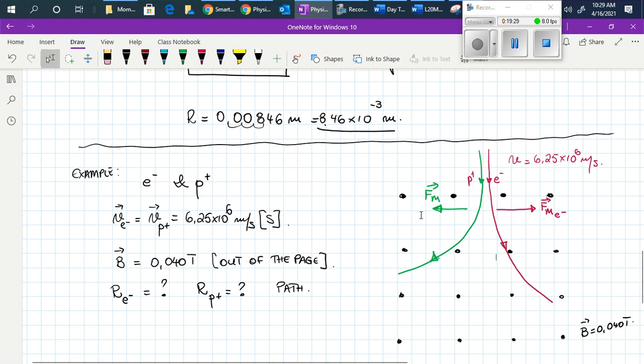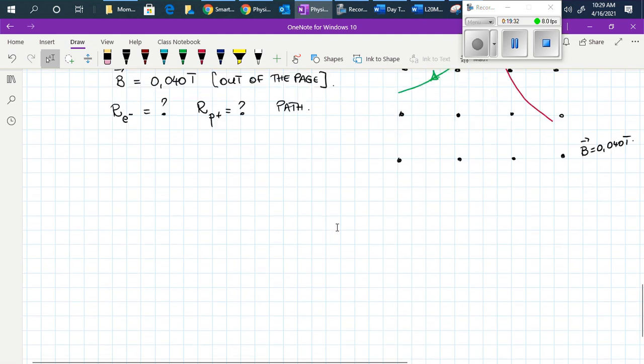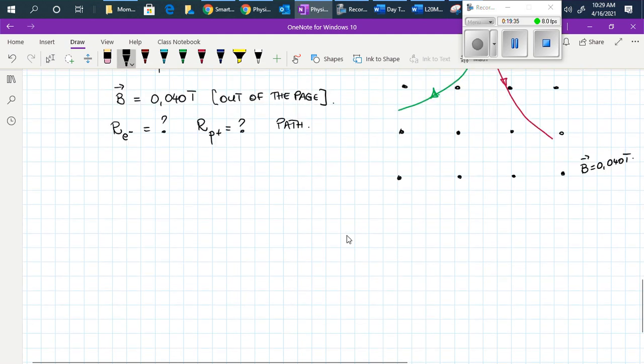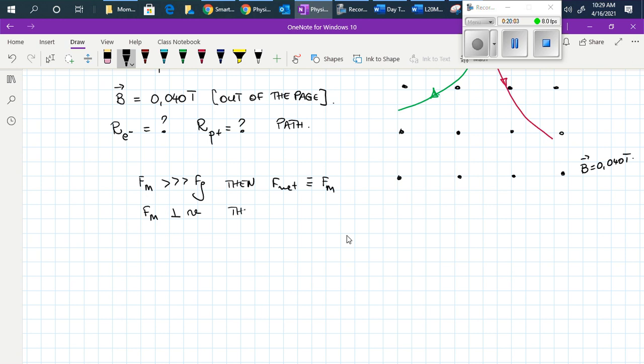Okay, so let's find now the radius of each of them. Again, since the magnetic force is way greater than the force of gravity, the net force is equal to the magnetic force. Since this net force is perpendicular to the velocity, the magnetic force is equal to the centripetal force.